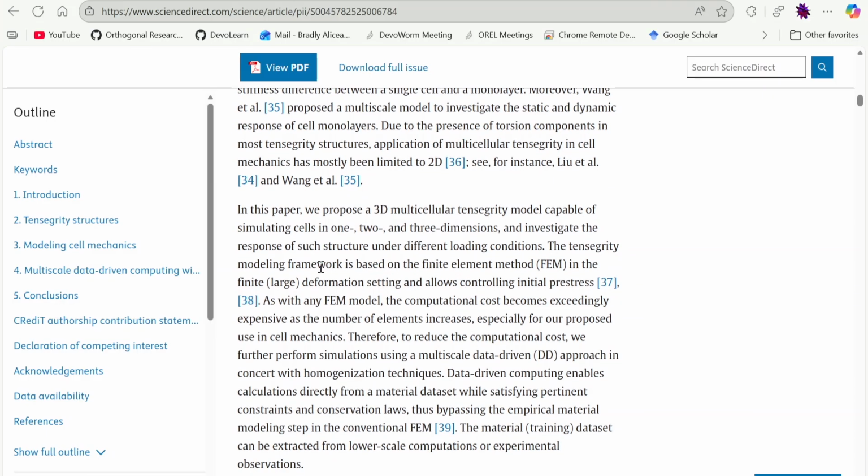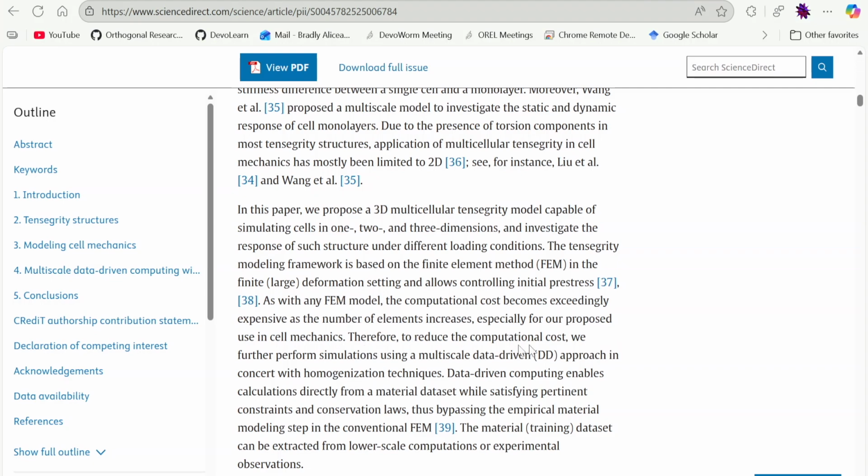They base their tensegrity modeling framework on a finite element method in finite or large deformation settings and allows controlling initial pre-stresses. As with any finite element model, the computational cost becomes exceedingly expensive as the number of elements increases.